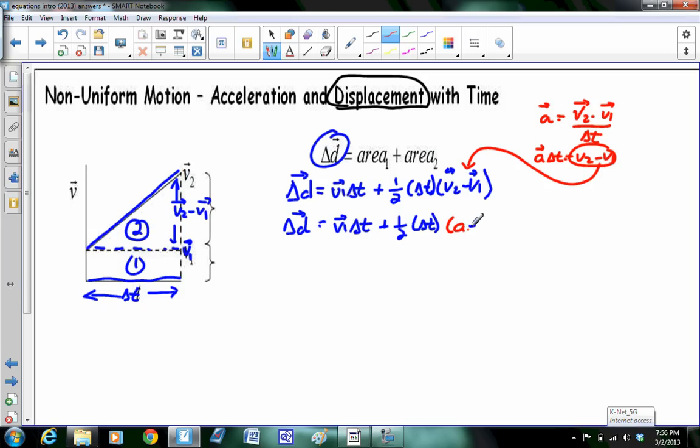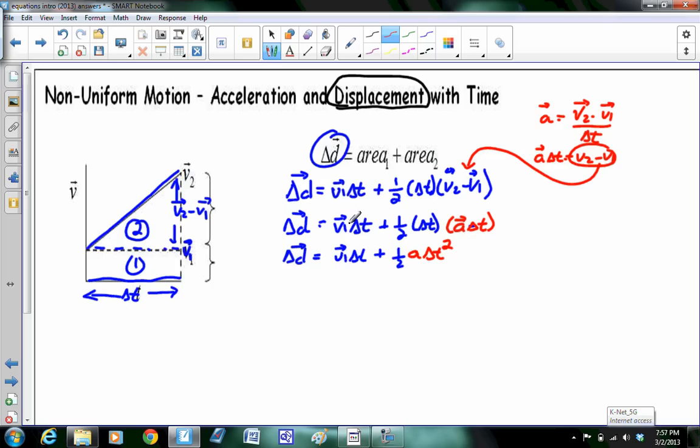So my acceleration times my change in time. And when we do this, here's what happens. We're going to have our displacement is equal to V1t plus 1/2. I'm going to bring the A over here. And then the time is going to be t times t, so time squared. And this is our new equation.